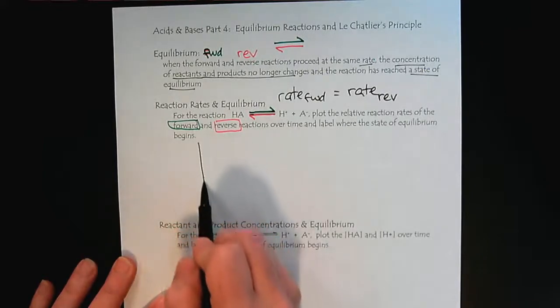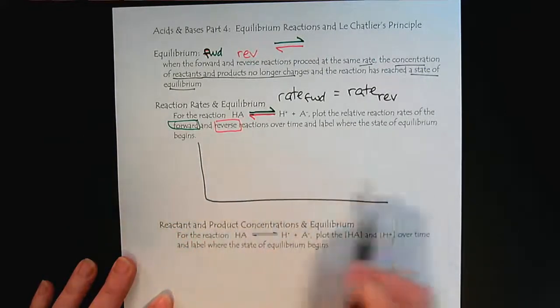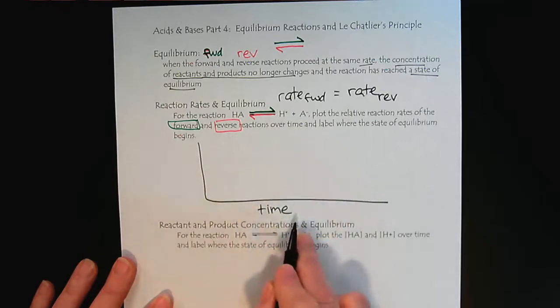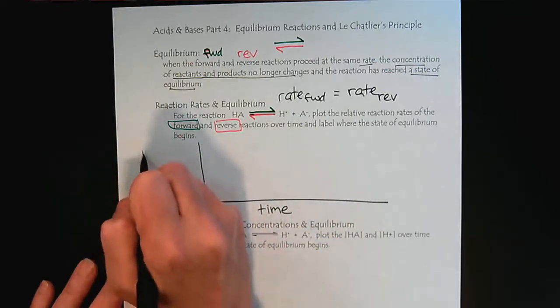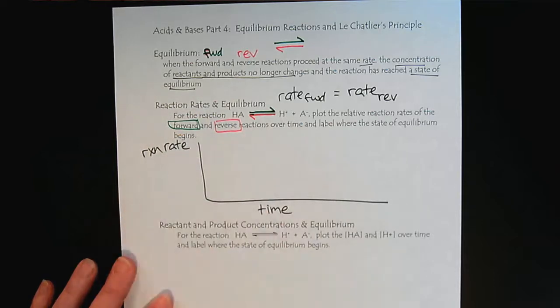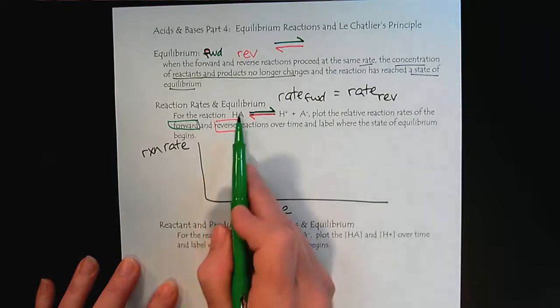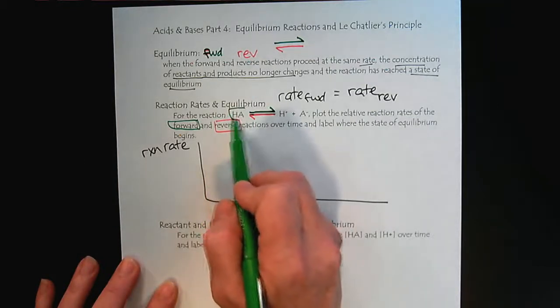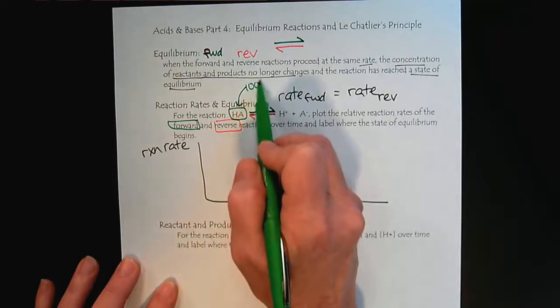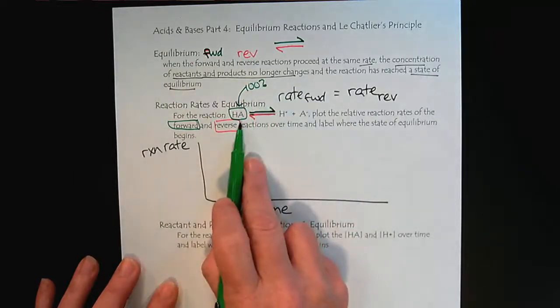We'll make a graph and we'll put time on the x-axis, and we're going to put the reaction rate on the y-axis. Based off of our earlier studies of reaction chemistry, we know that when we first begin the reaction, we have 100% of the acid.